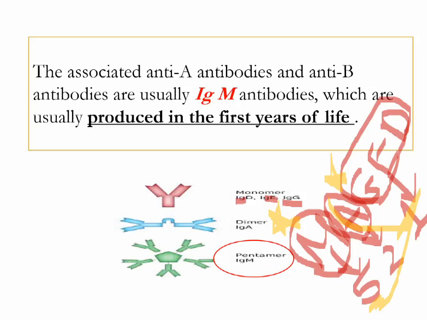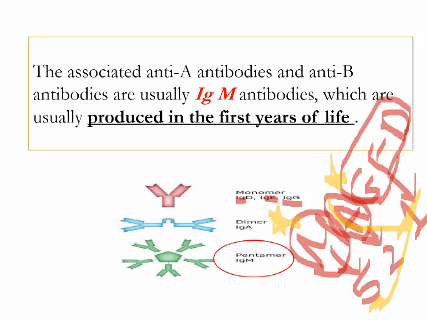So it means it's very large in size. Okay, and please make many stars here, because later on we're going to know, having a large size and being a pentamer antibody, how this information is going to be useful in the next information mentioned.